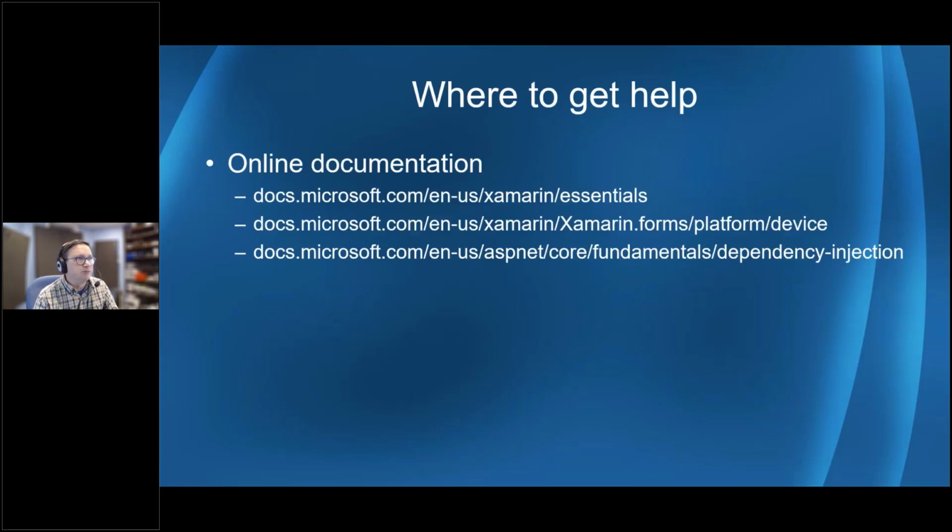So where to get help? There's online documentation for Essentials. Everything's docs.microsoft.com, and it's Xamarin Essentials. For the device class, it'd be platform device. And then for the Microsoft Extensions Dependency Injection, it's located in the ASP.NET Core Fundamentals Dependency Injection.